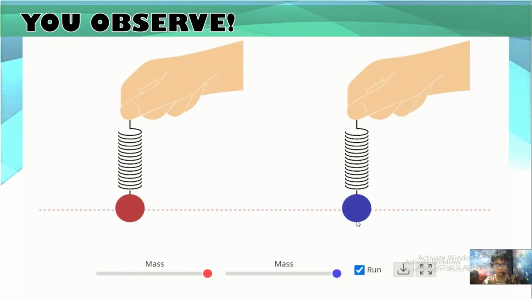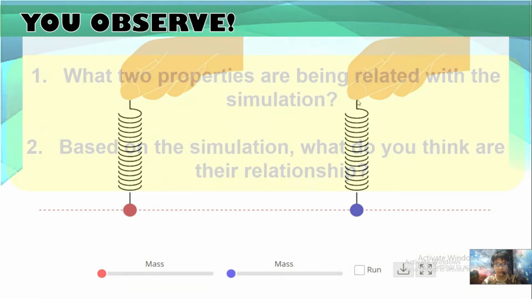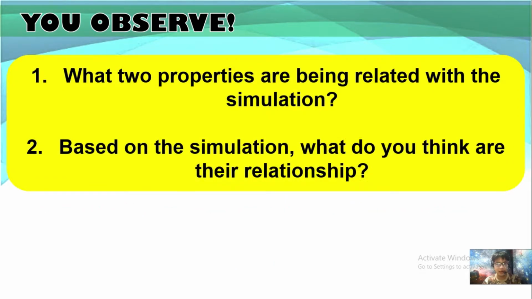Okay, so let's try to process the simulation activity by answering these two guide questions. Number 1, what two properties are being related in the simulation? Correct.